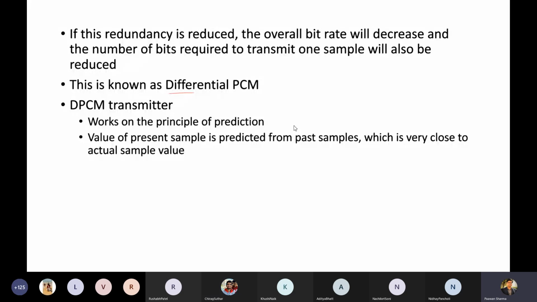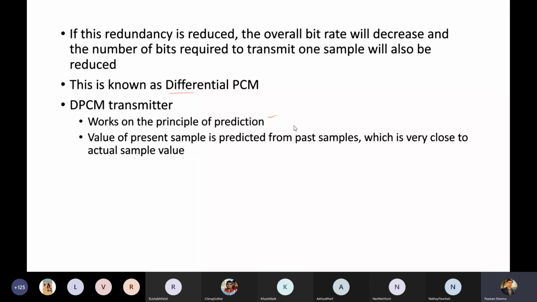Differential comes from the word difference: the difference between the current and the past sample. If we transmit only the difference, we call it differential PCM. The DPCM transmitter works on the principle of prediction.